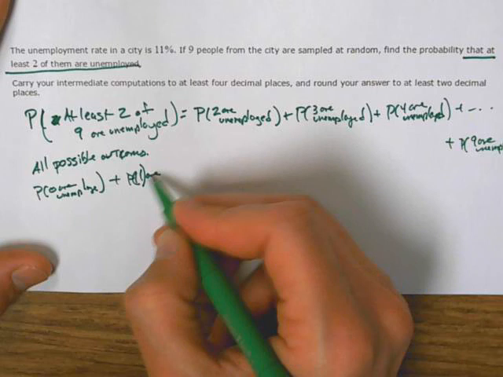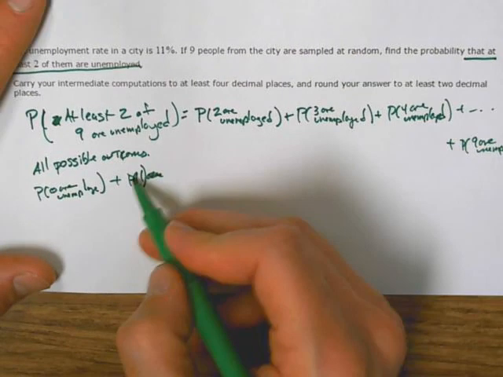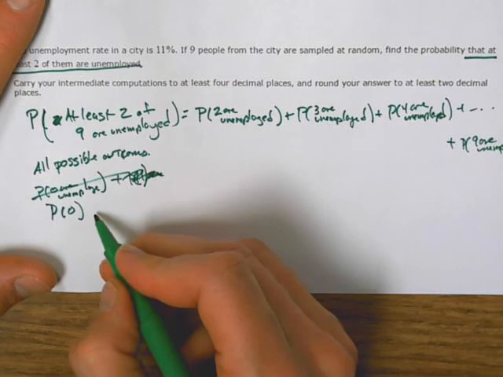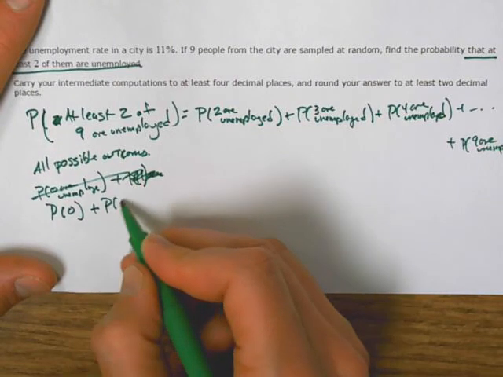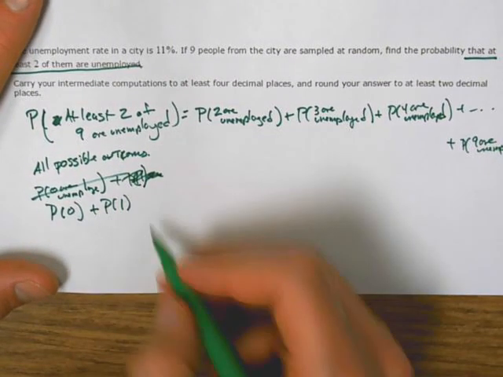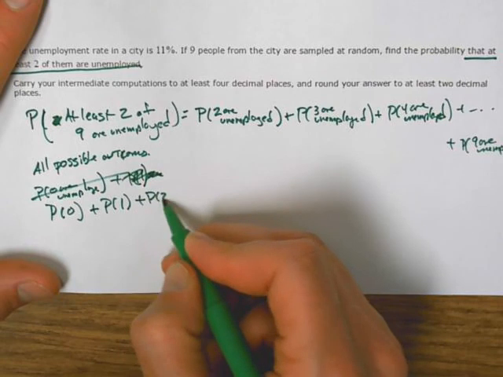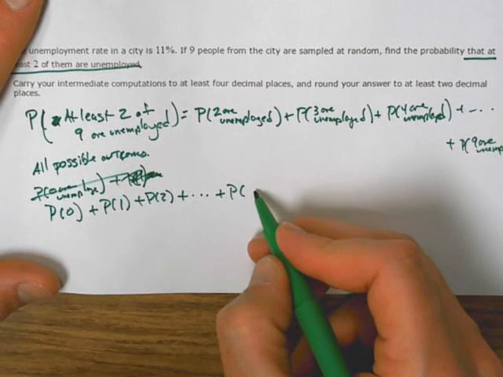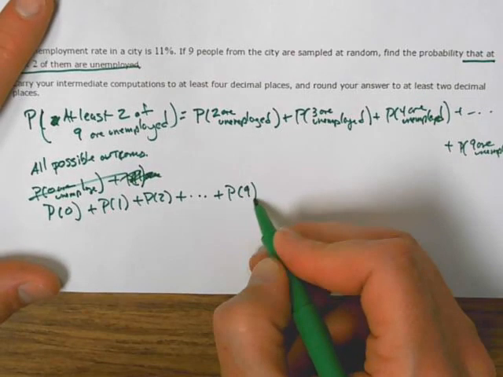I'm just going to write probability of 1 to save my writing here. Okay, so the probability of none are unemployed plus the probability that 1 person of the 9 is unemployed plus the probability of 2 are unemployed, and you keep on going, and you'd add the probability that all 9 are unemployed.